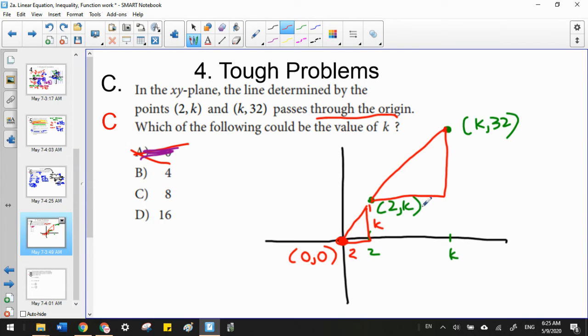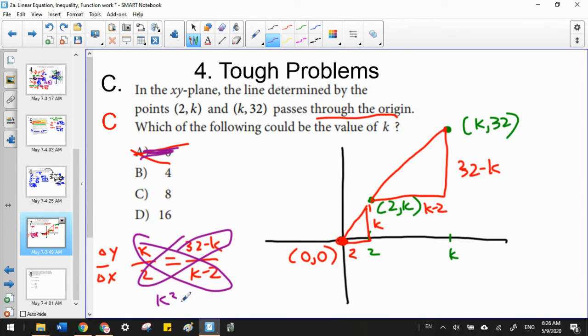And then from (2, k) to (k, 32), there's a horizontal change of k minus 2, and the vertical change is 32 minus k. And if I try to set up a proportion between the 2 situations, delta y over delta x, I'm going to get k over 2 is equal to 32 minus k over k minus 2.